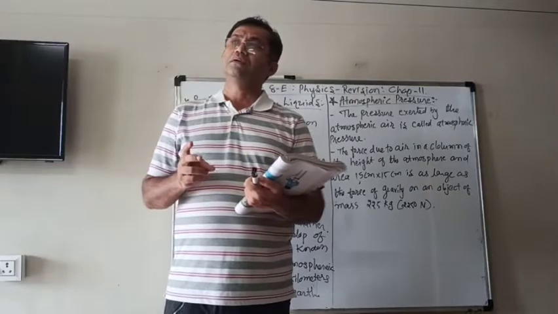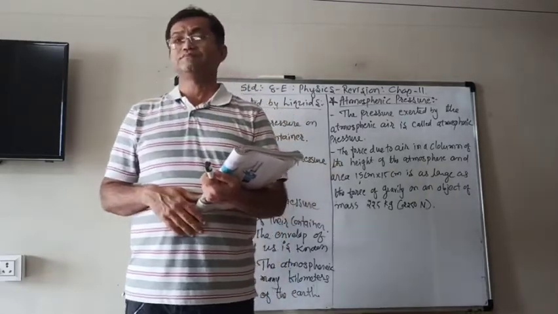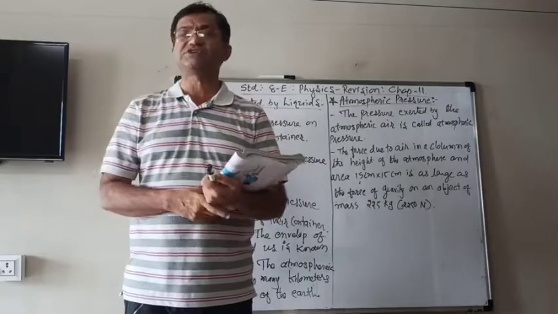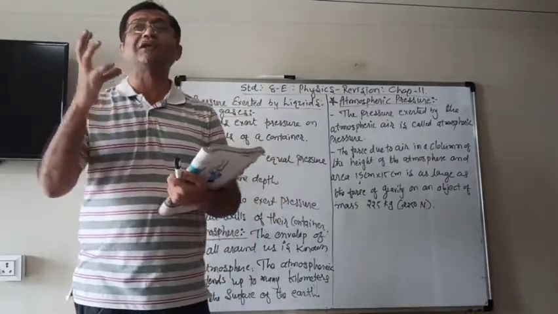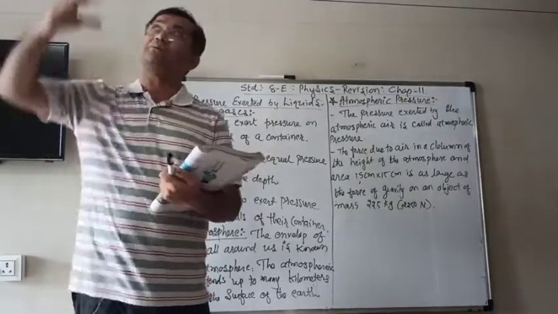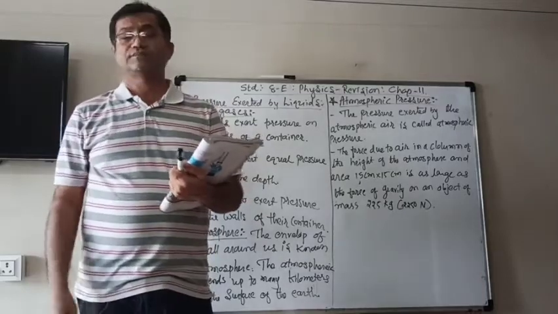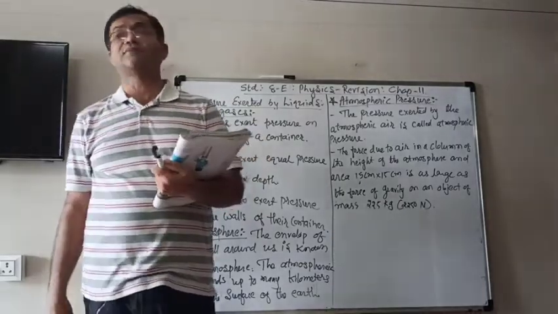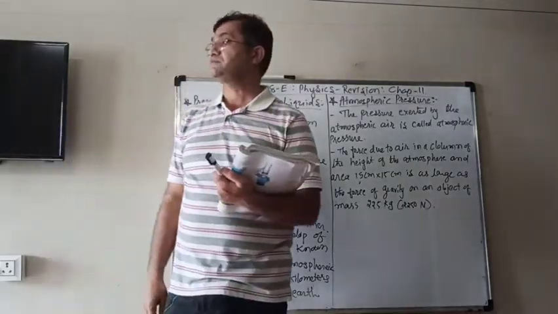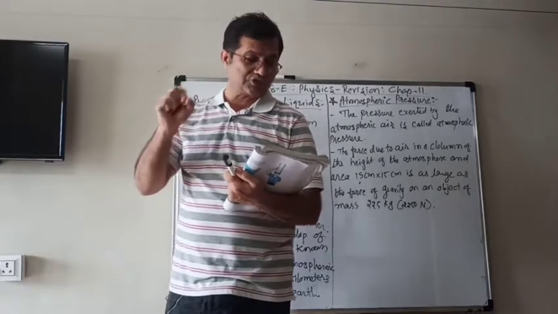Now, we know that we are staying on the earth around which there is an envelope of air. All around us, up to so many kilometers, there is a layer or envelope of air. And that envelope is known as the atmosphere.